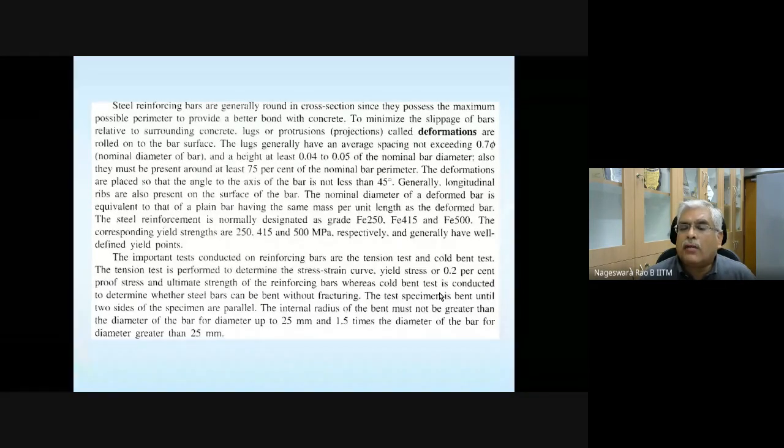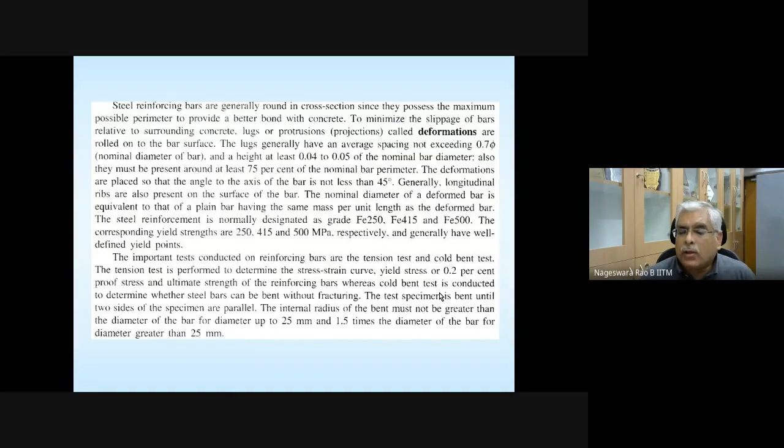Please note that when we are actually making use of steel bars for reinforced concrete, we need to bend those bars. So when you are bending those bars, like at a 90 degree or 135 degree or even 180 degree bend, the bar should not develop cracks or anything on the surface or anywhere.